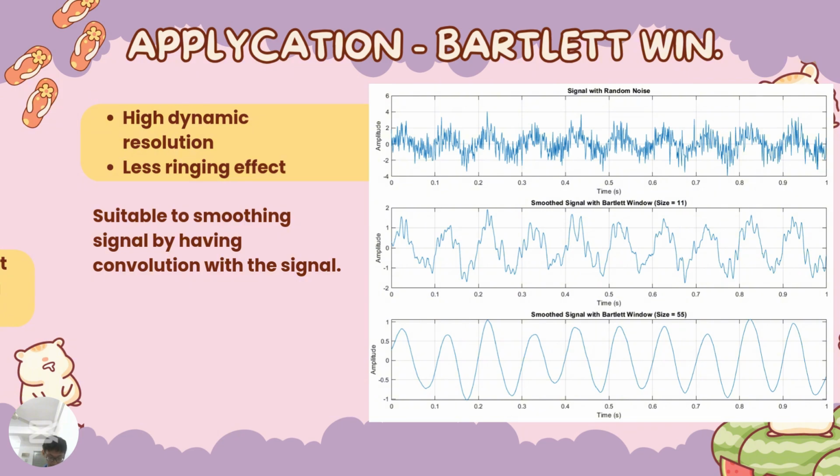The top signal is the signal that needs to be smoothed, while the second and third are the signal responses after smoothing by convolution with Bartlett windows of different sizes. By observing the second and third signal responses, the smoothing effect increases when the size of the Bartlett window increases, but too large a window size will make the signal lose its characteristics.